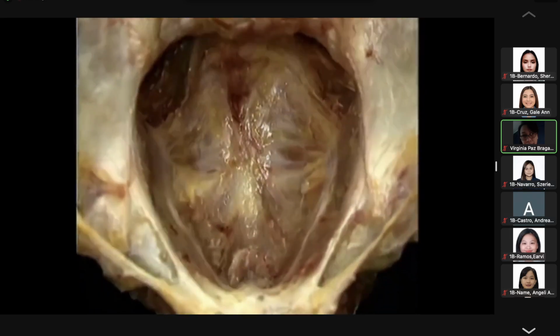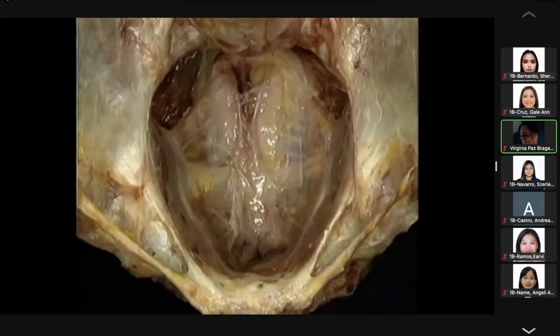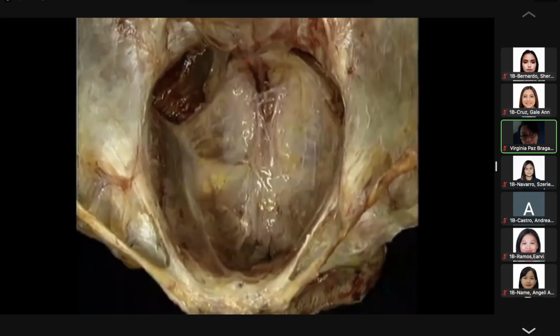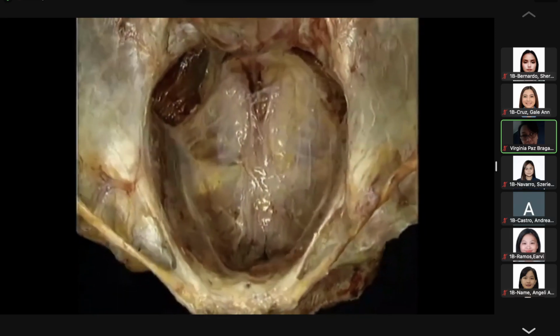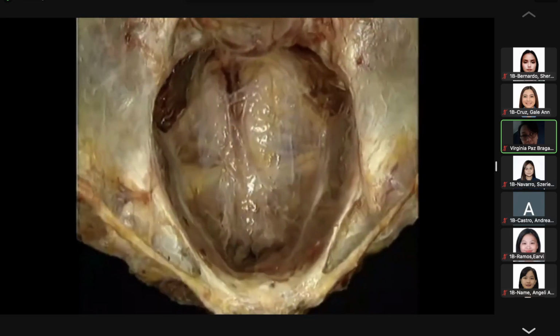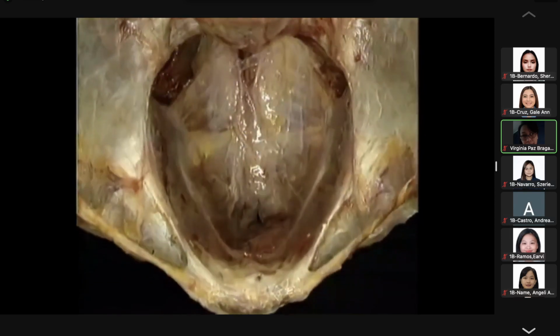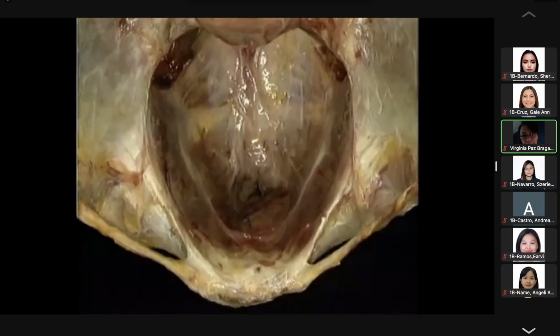The levator ani and coccygeus muscles are covered over by this dense layer of pelvic fascia, which completes the pelvic diaphragm on the inside. The pelvic diaphragm supports the pelvic organs and closes off the pelvic outlet while allowing passage for the rectum, vagina, and urethra.